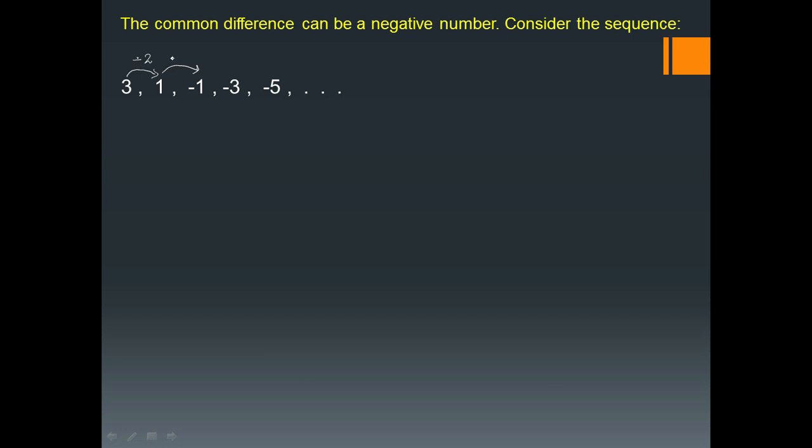So -2 is again added with the second term and we are getting the third term. Similarly, -2 is added with the third term and we are getting the fourth term. Similarly, -2 is added with the fourth term to get the fifth term.